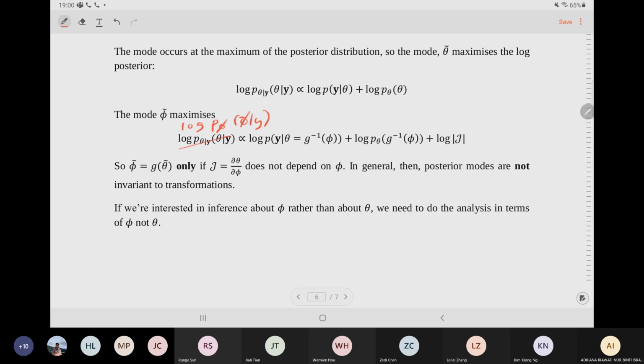I mean the log, I guess. So this is actually log of phi. This must be a typo.